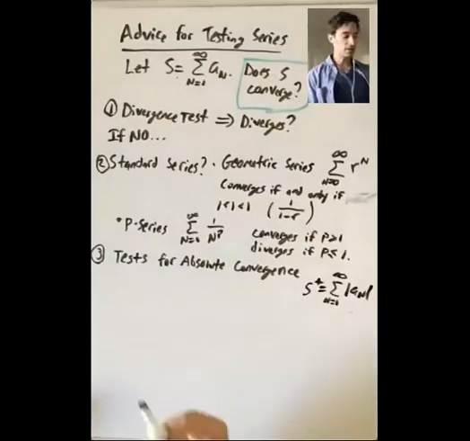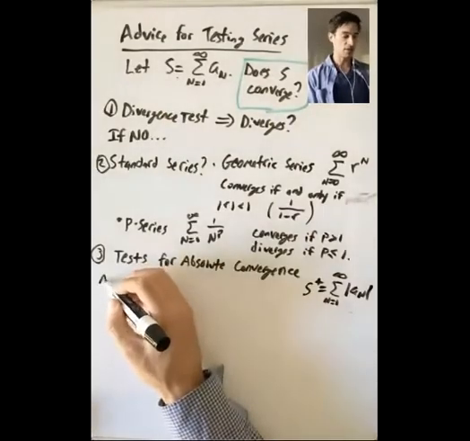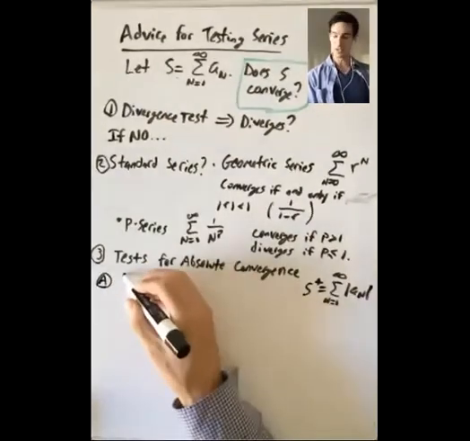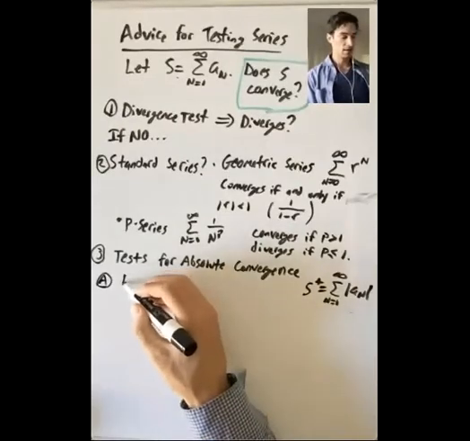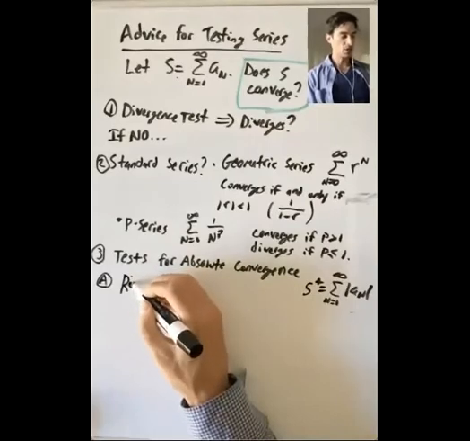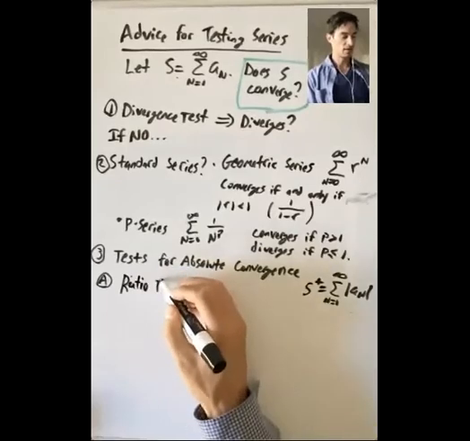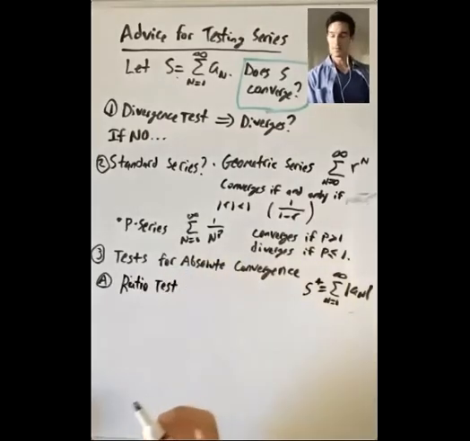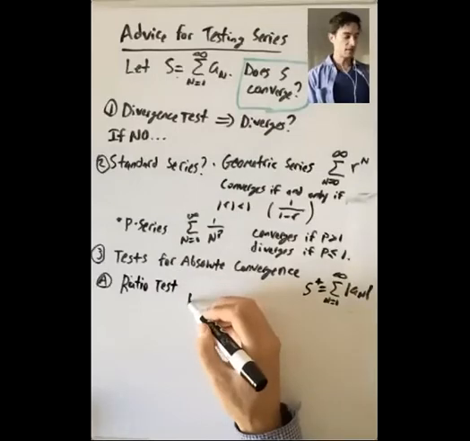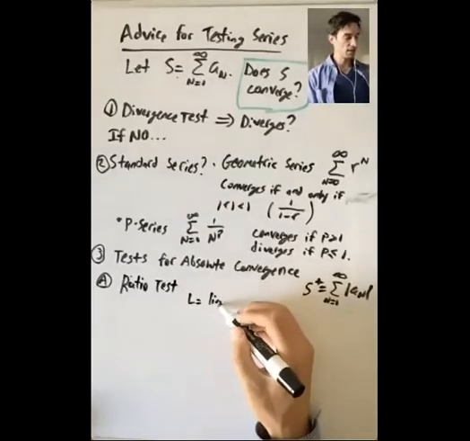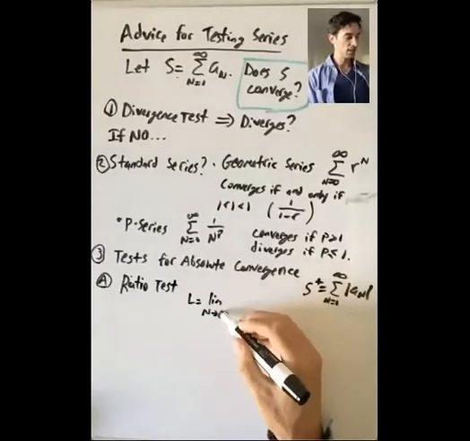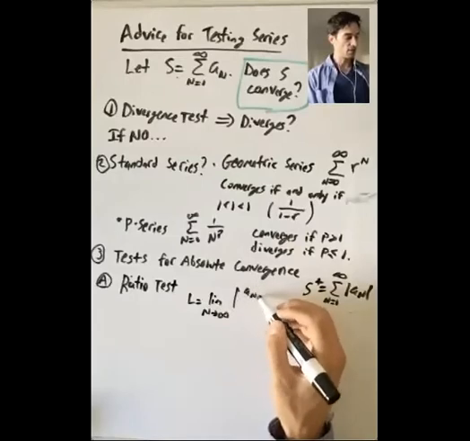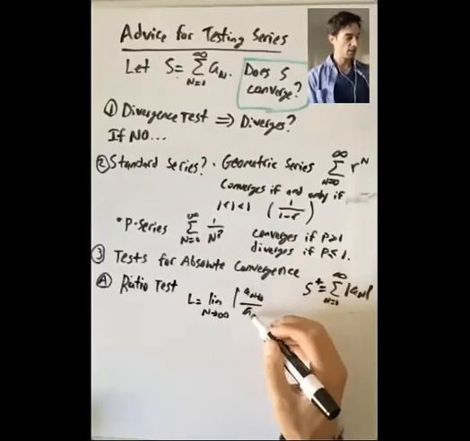Okay, so what are the series tests that we know that tell you about absolute convergence? We know the ratio test is one, right? The ratio test is all about the limit as n goes to infinity of the absolute value of a_{n+1} over a_n.